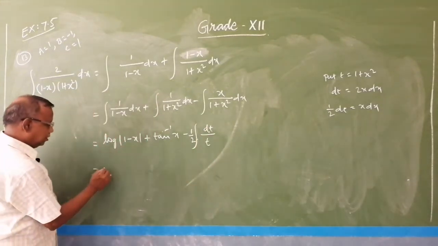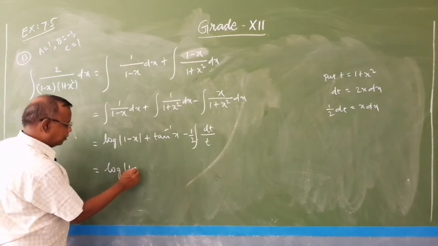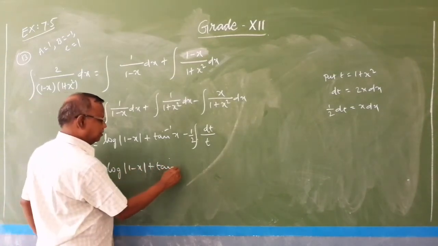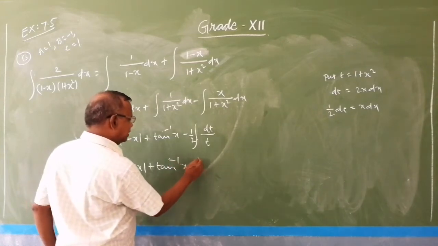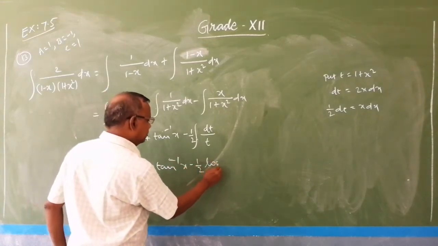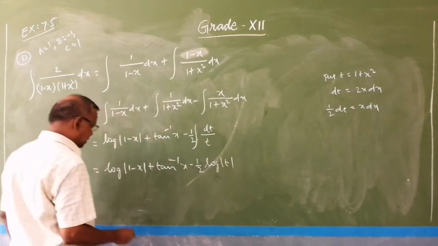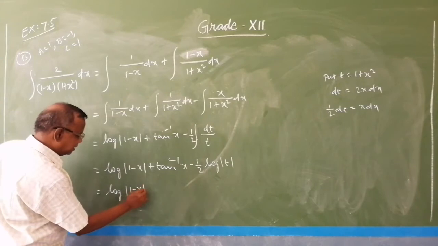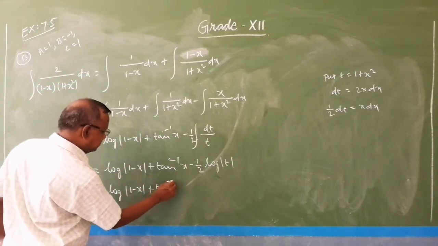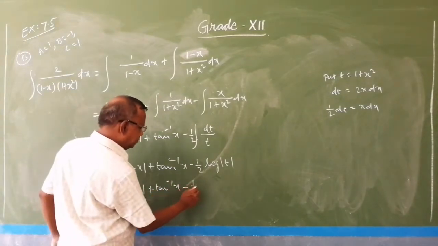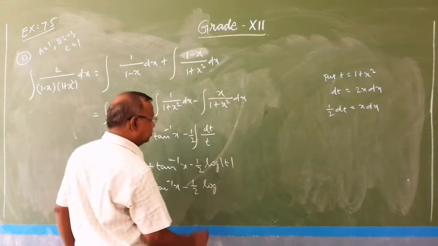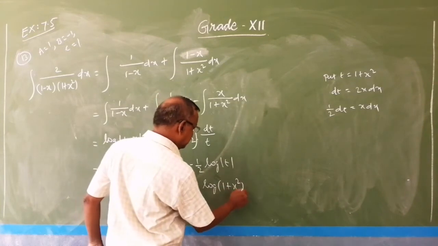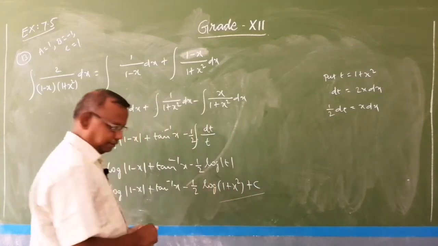This is equal to log of modulus of 1 minus x plus tan inverse of x minus 1 by 2 log of modulus of t, that is, log of modulus of 1 minus x plus tan inverse of x minus 1 by 2 into log of (1 plus x square) plus C.